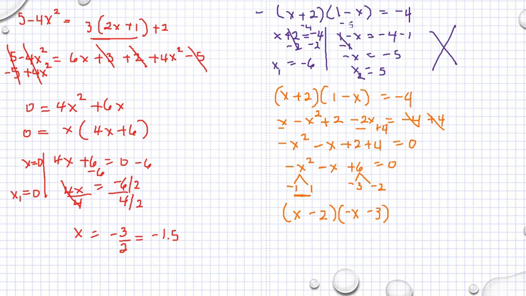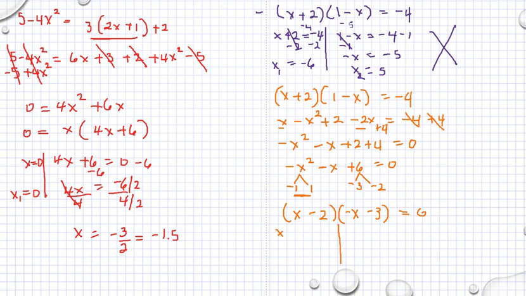We need to follow this. x times negative x is negative x squared. And then we have x times negative 3 is negative 3x, and then we have positive 2x. That will be negative x. Okay, and then that will be positive 6.